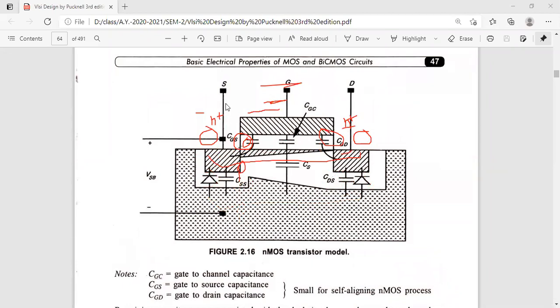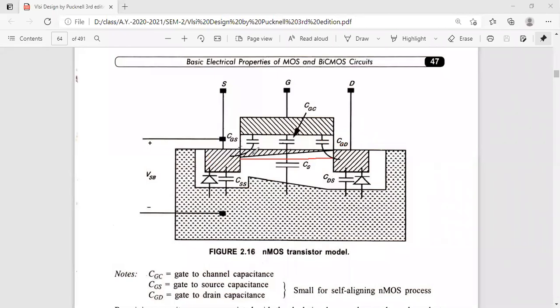So this is the channel region, right? You can see here the channel will be like this in the beginning.